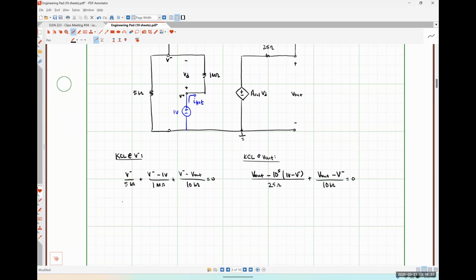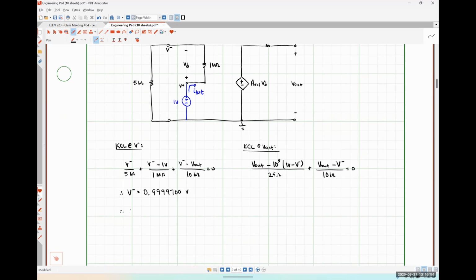And when I solved it, I found that V minus in this case was 0.9999700 volts, and V out was 2.9999096 volts.